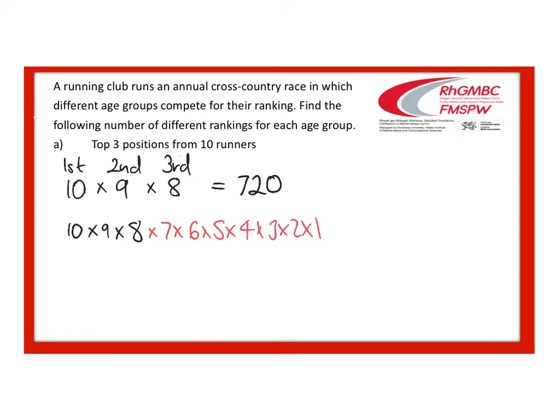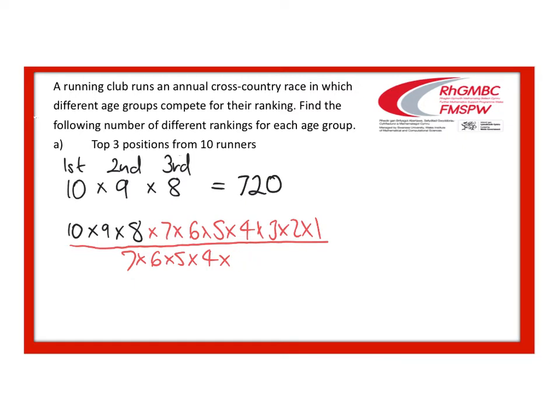Now obviously if I was to do 10 factorial here, it wouldn't give me the answer of 720. But very much like an equivalent fraction, I can multiply the top by 7 factorial and the bottom by 7 factorial, so that I've got this factor of 7 factorial that will cancel. Apologies, let's correct that a second.